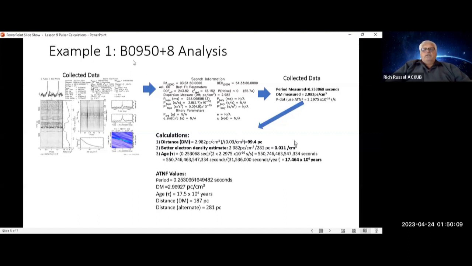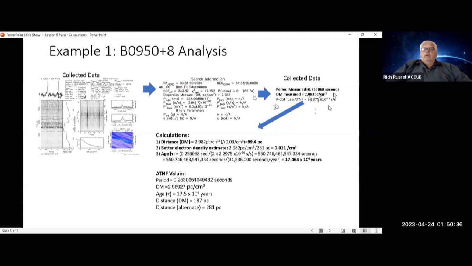If you zoom into this area here, you end up with the period that they measured of 0.253 seconds. And the dispersion measure came out to 2.982 parsecs per centimeter cubed. One thing to note on the Presto, when you collect this, P dot does not come out very well.